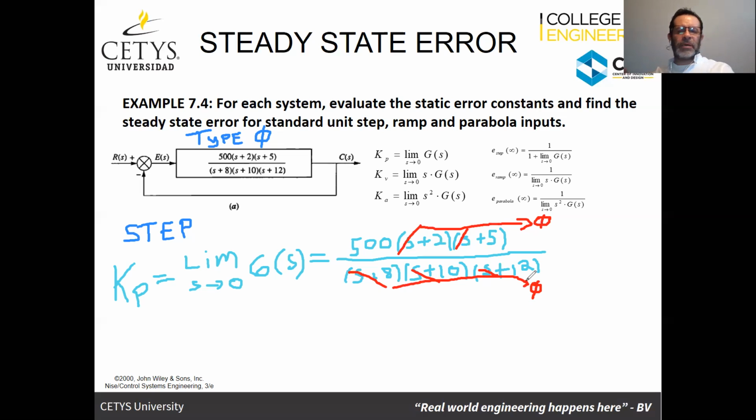Somebody help me out with the calculations, but I think we can do them ourselves. The constant for the step would be 500 times 2, which is 1,000 times 5.